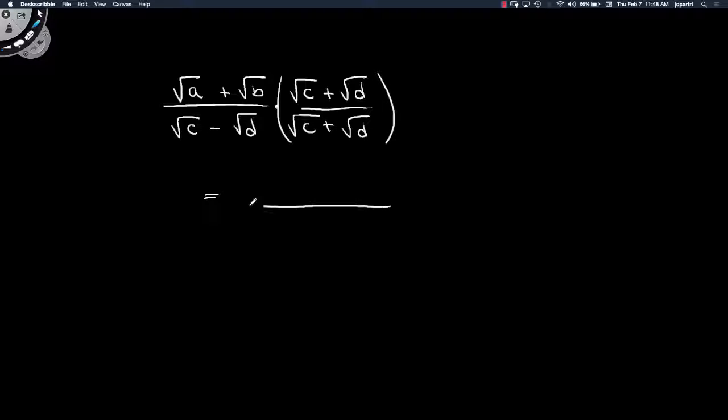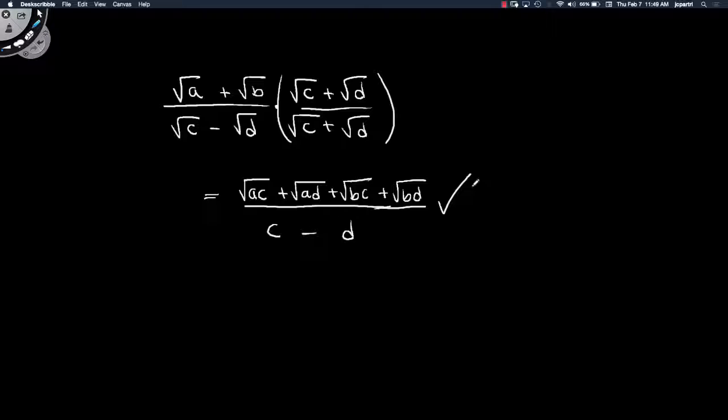The denominator is going to be C minus D. The numerator is the FOILing process. So that's the square root of AC plus the square root of AD plus the square root of BC plus the square root of BD. And that's as far as I can take it because there are no like terms. That is kind of what you have to do.